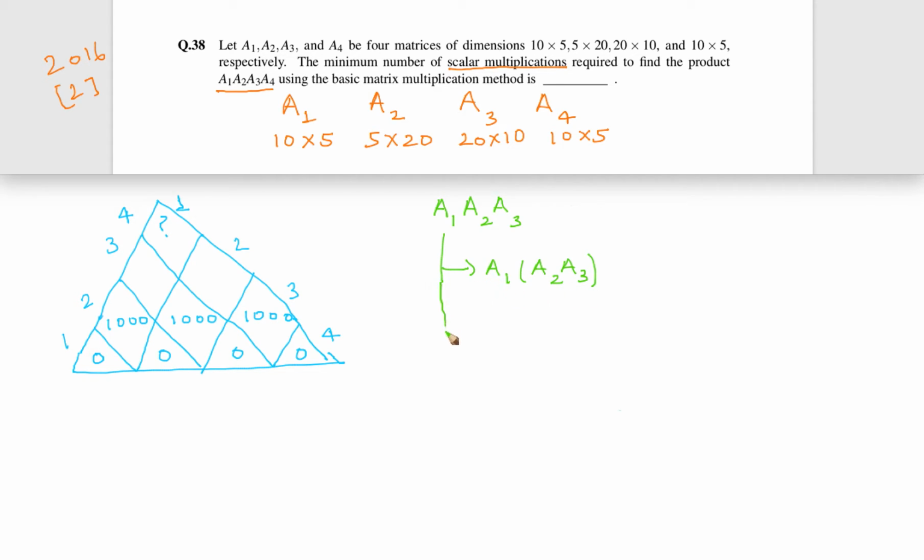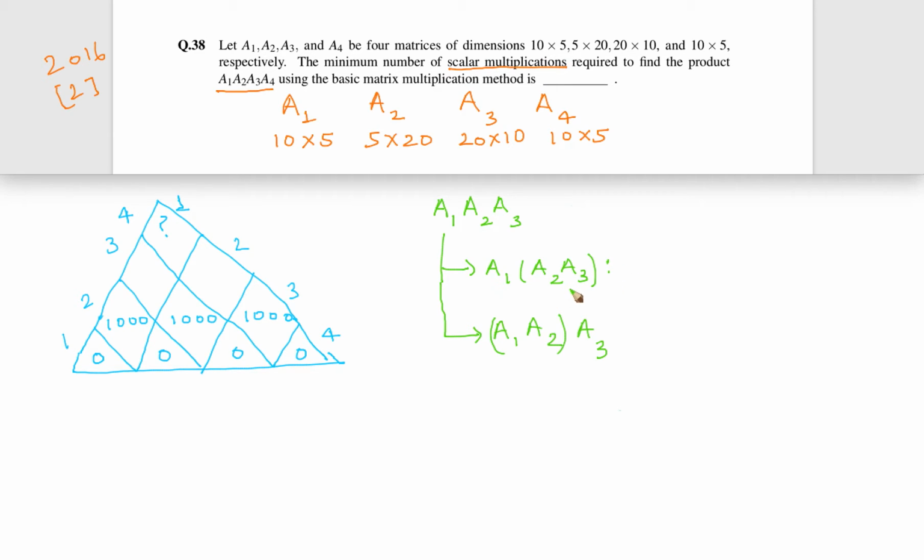Another way is a1 into a2; we multiply this, and then the resultant matrix is multiplied with a3. So there are two ways, and whichever gives us the minimum number of scalar multiplications will be filled here.